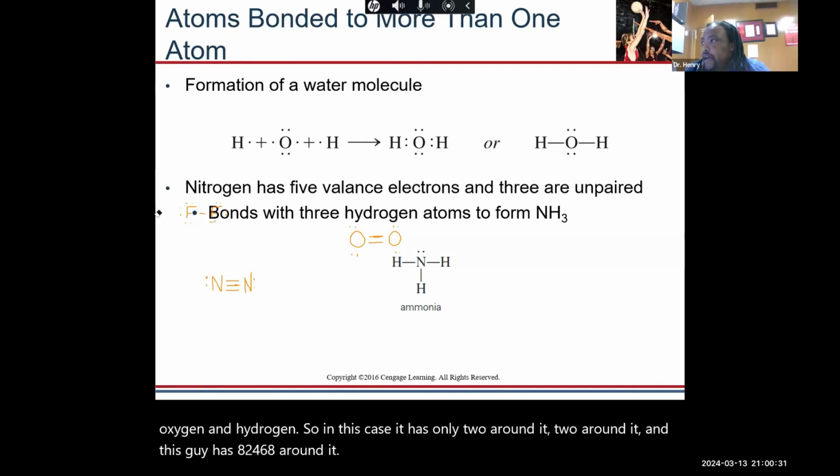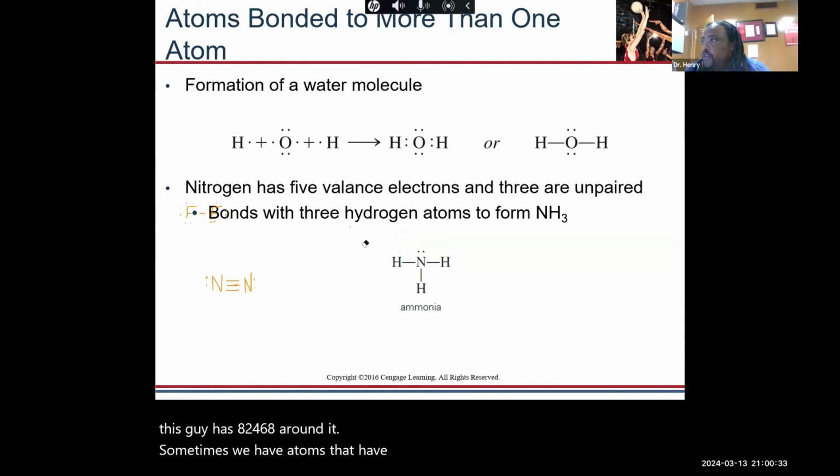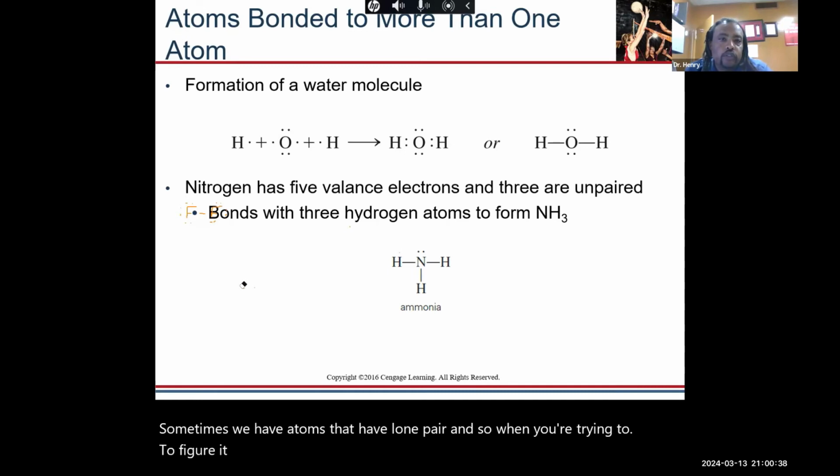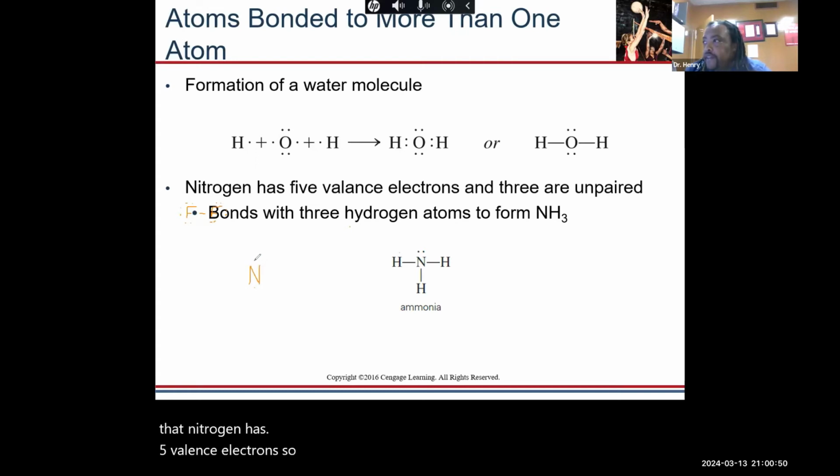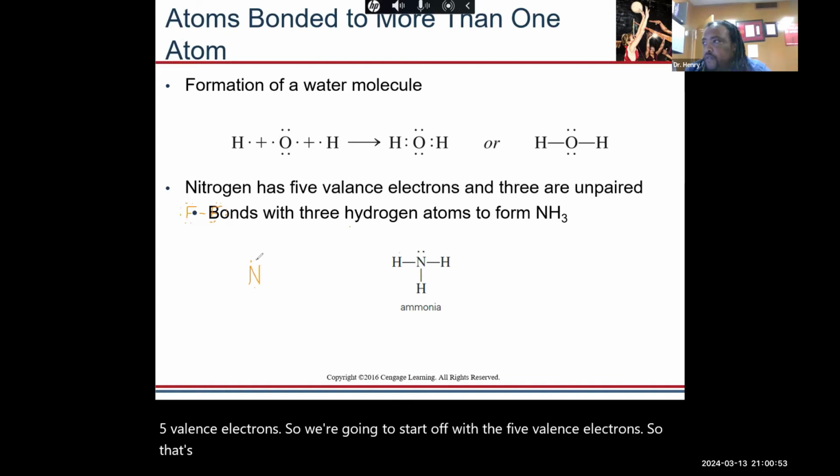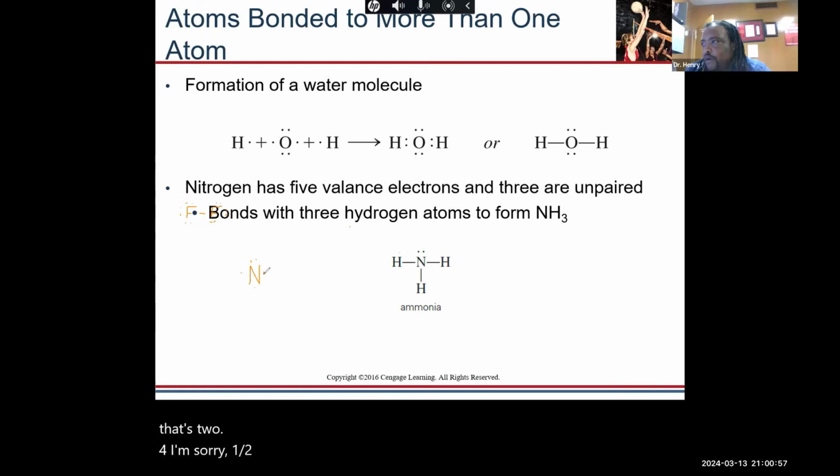Sometimes we have atoms that have lone pairs. And so when you're trying to figure it out, we want to draw the Lewis structure. In this case, we know that nitrogen has 5 valence electrons, so we start off with those 5 valence electrons: 2, 4, and 1, 2, 3, 4, 5.